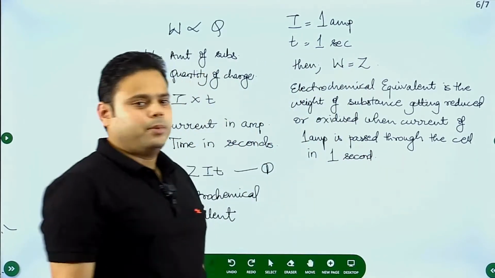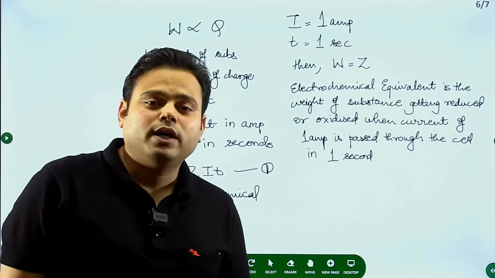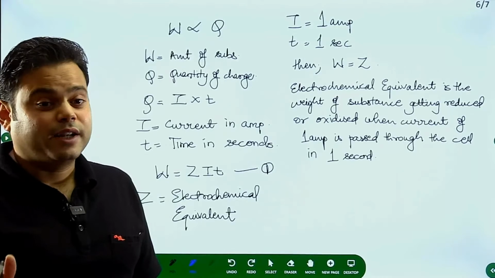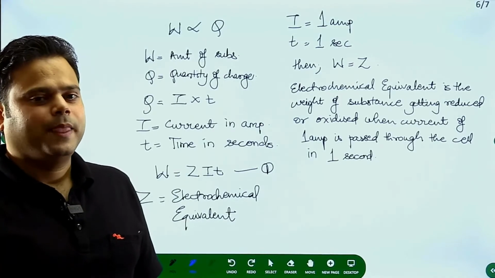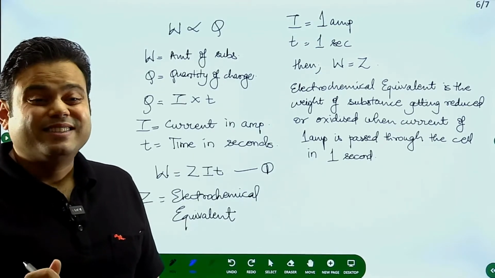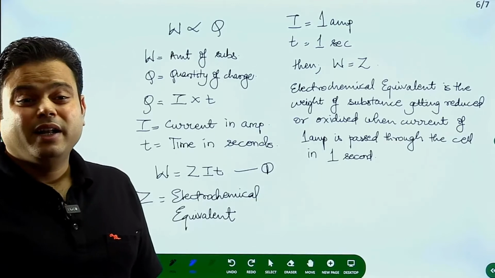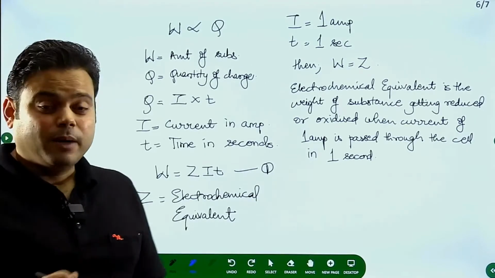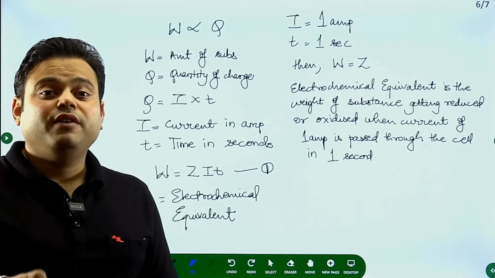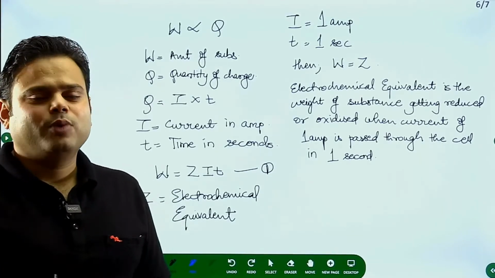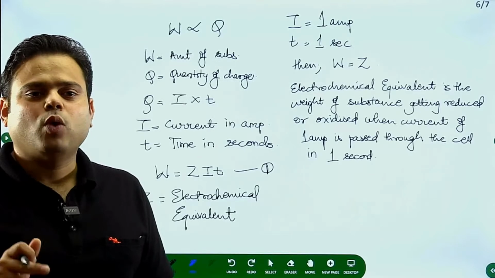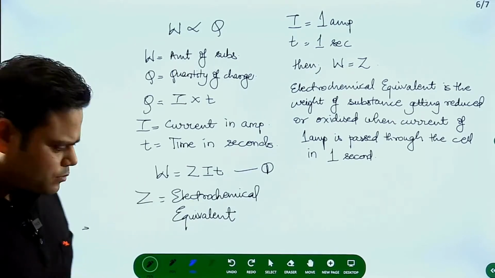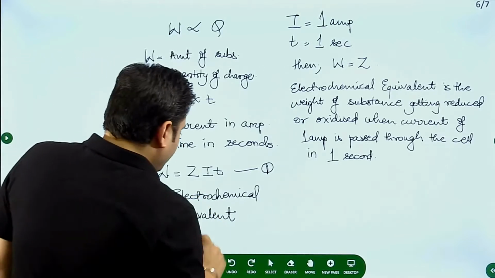The amount of substance which will get reduced or oxidized, that amount will be called the electrochemical equivalent. So that makes W and Z equal if the current is 1 ampere and time is 1 second. I hope this is clear.